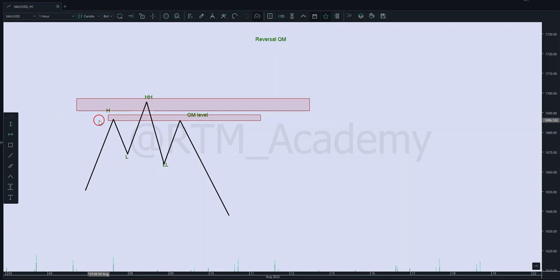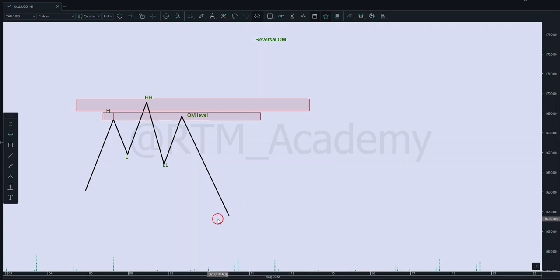How do we mark our zone? This QM level is from the close of the candle here up to the shadow, like this. This is our QM level.